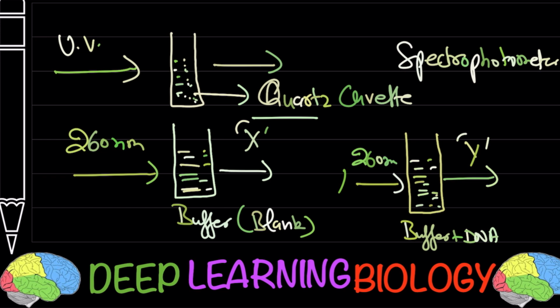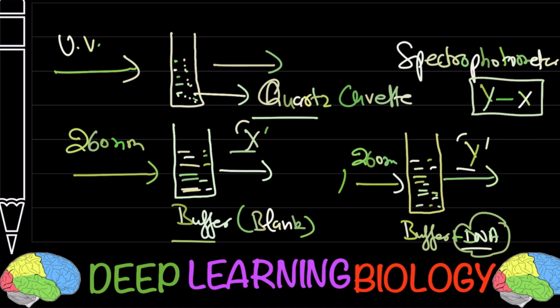Your buffer is going to absorb X amount of light. Your buffer plus DNA is going to absorb Y amount of light. What amount of light will be absorbed by the DNA? It is Y minus X. So this way we can easily calculate what amount of light was absorbed by DNA.